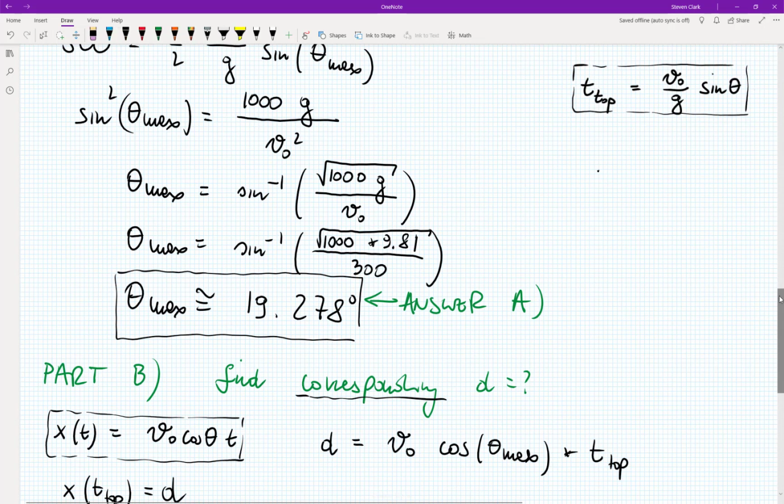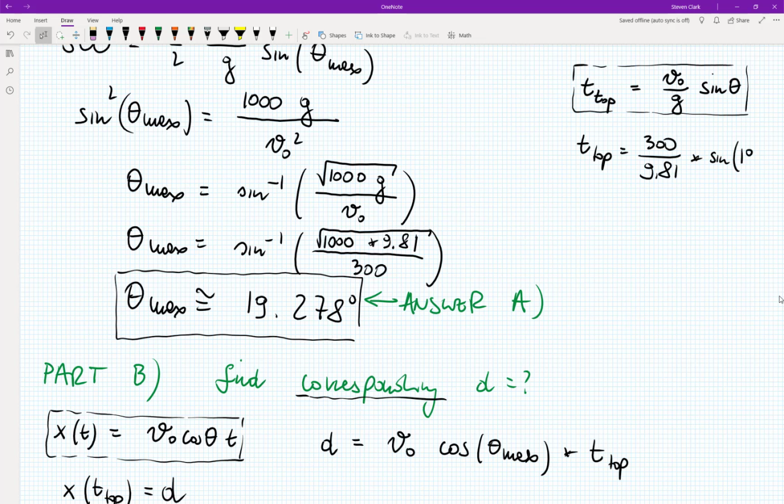So what will t top be if we plug in values? It will be t top equals 300 divided by 9.81 times sine of what we just found, sine of 19.278.